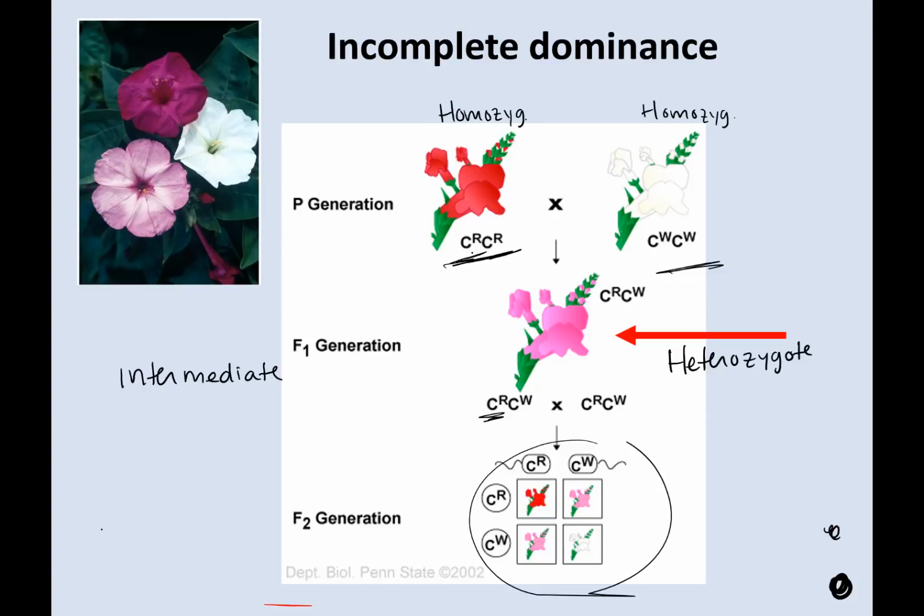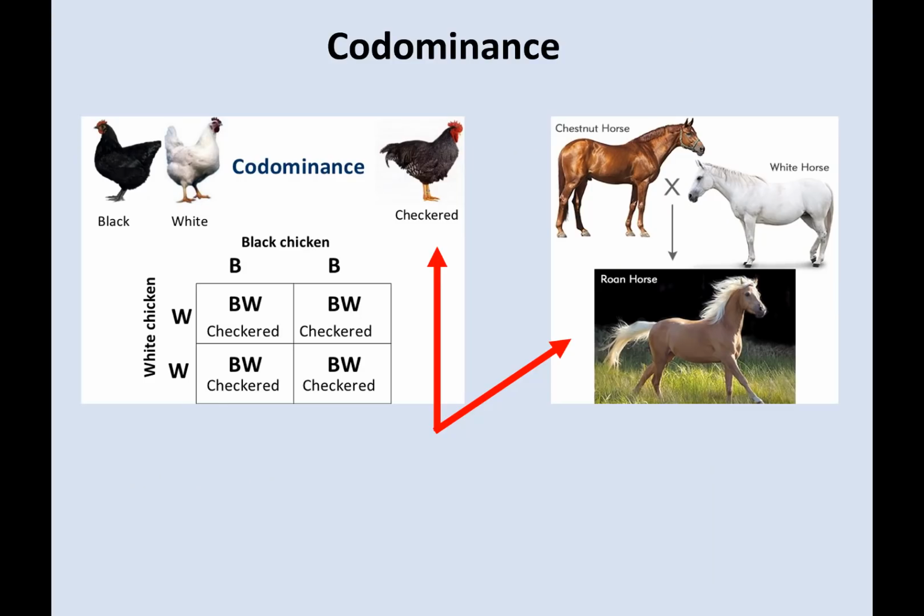So the difference between incomplete and codominance is codominance means both phenotypes from the homozygous are expressed. So it's not a blend, it's not intermediate.